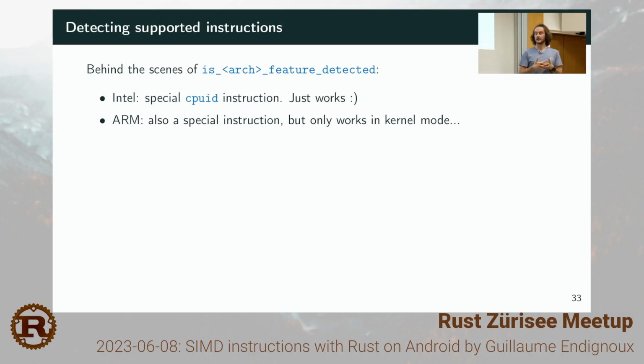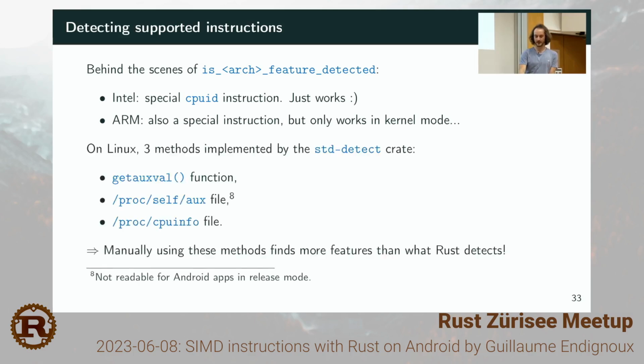So in practice, the operating system will implement an API that you can call, and the operating system will call the special instruction for you. On Linux for ARM, you have 3 methods for that, implemented by the std_detect crate, which is part of the standard library.